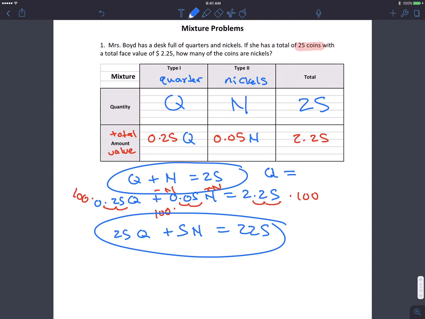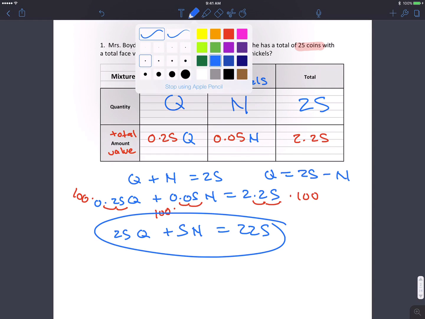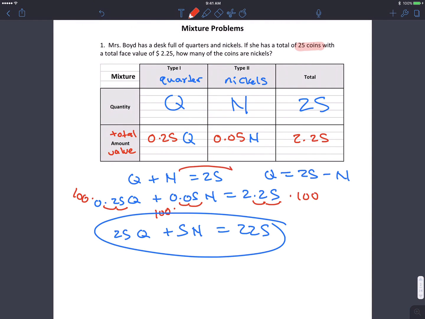Q then will be 25 minus N. Remember, we subtract N from both sides here. Or you can think of translation as moving N to the other side and changing its sign.